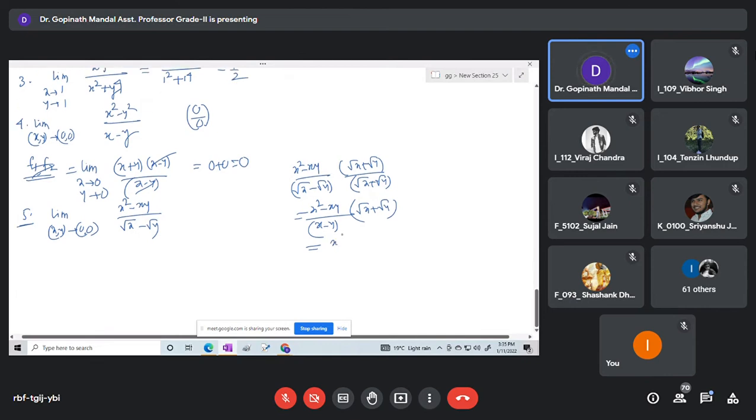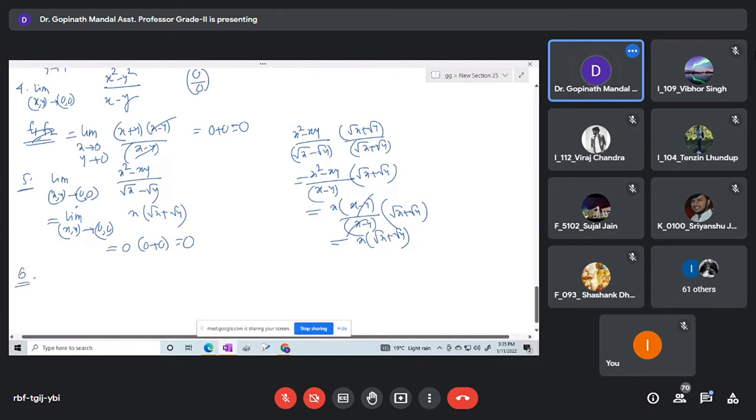So x minus y cancels, and we are left with x root x plus root y. Now just put the value. xy tends to 0, 0, x root x plus root y. This will be 0 times 0 plus 0, so the limit is 0.